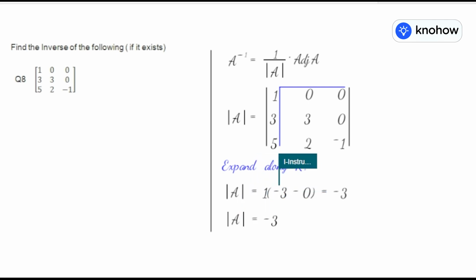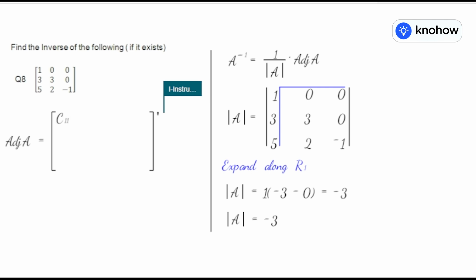Now let us work out adjoint A. Now, how do you find adjoint A? What is the definition? It is defined as the transpose of a matrix where each element is replaced by its cofactor. This being a 3 by 3 matrix, adjoint A is transpose of C11, C12, C13, C21, C22, C23, C31, C32, C33.